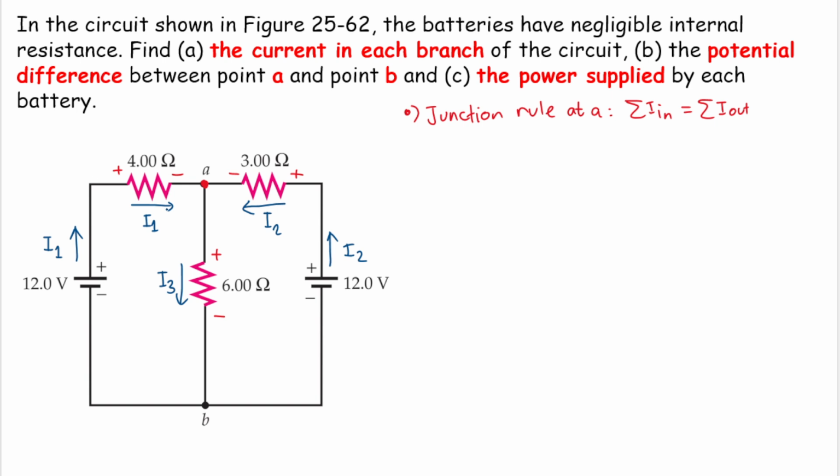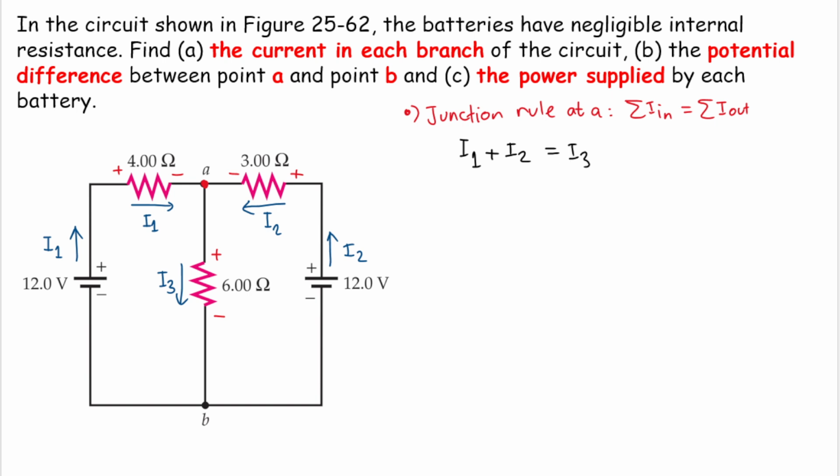There are two currents that go into this node: I1 is the first one that goes into point A, and I2 is the second one. So I have I1 plus I2. And the only current that goes out from point A is I3. So we will have this equal to I3. Good. I think that is the only junction rule equation that we can get in the circuit. You can also do it at B and you get the same equation here.